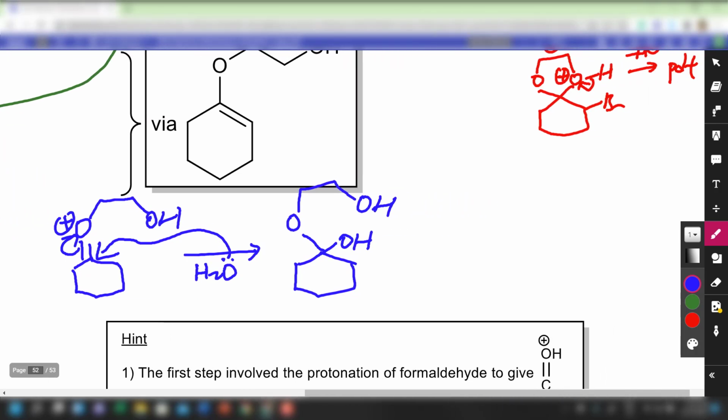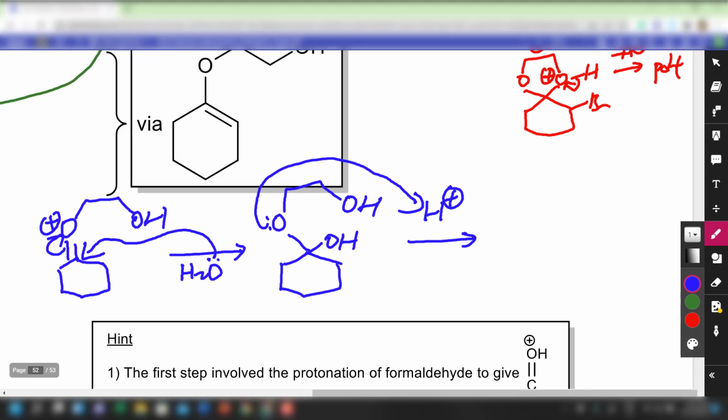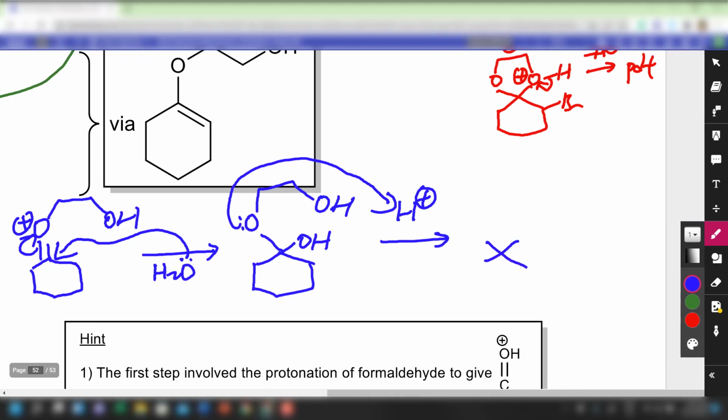And then the same logic will take place. The H plus will then protonate this particular etheric oxygen, and in the process, it will gain a +1 formal charge. Then the lone pairs of electrons will come in to form the carbonyl oxygen and kick out the diol.